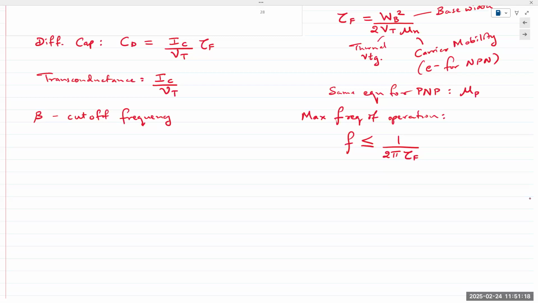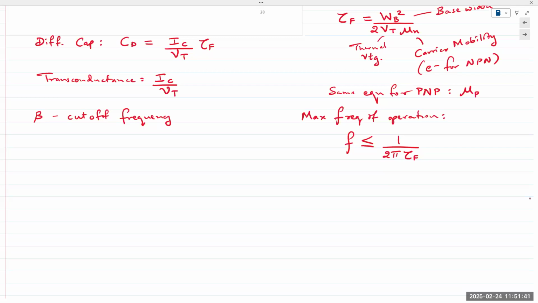So far we have looked at beta as a constant value, right? We have not looked at it as a function of the operating frequency. If you define beta as like 100, we simply assume that it's ideal, and for the entire range of frequencies, doesn't matter whether it's 1 hertz or 1 megahertz or 1 gigahertz, we just assume that beta is going to be the same. But that's not really the case.